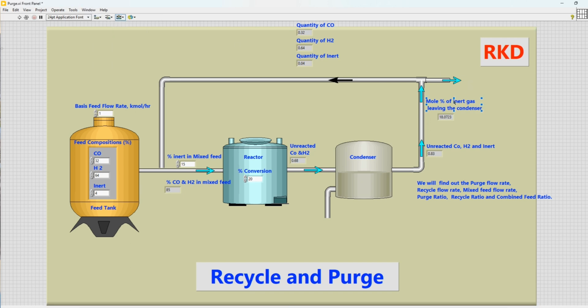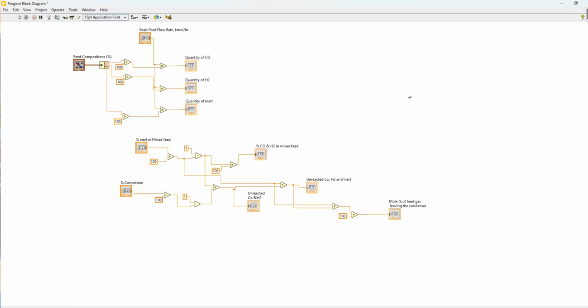So here actually, now apply the inert balance on input and output. So for that we have this basis.